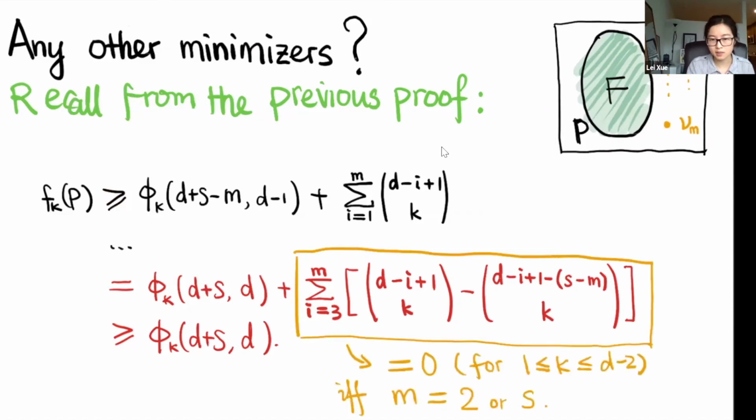That's the case if either m equals 2, so the summation is gone, or m equals s, so this thing is 0 and these two binomial coefficients are the same for each i. Remember that m is the number of vertices that are not in F. So this will give us a restraint on the number of vertices of F.